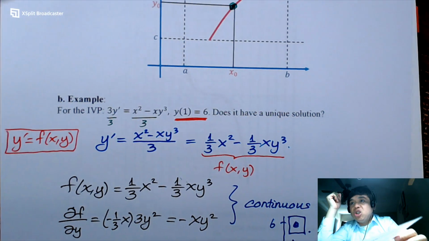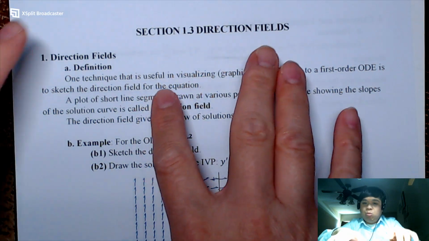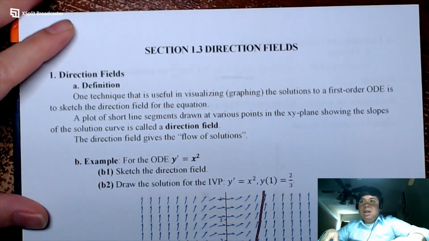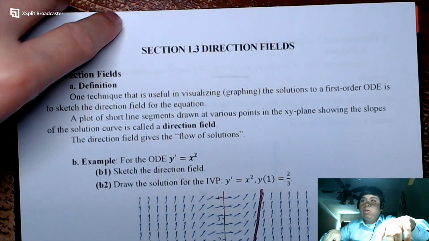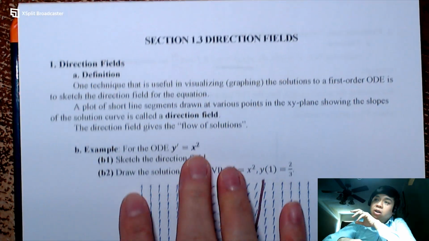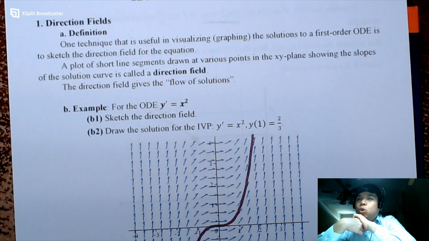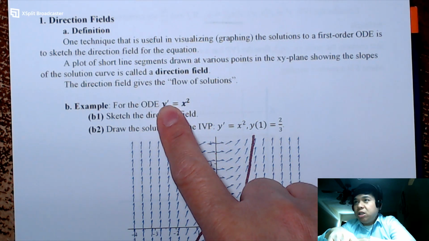That's the slope of the tangent line. Therefore, we have the direction field. Some say this is a slope field, the field of the slopes. So let's look at the equation y prime equals x squared. Now, y prime once again is the slope.